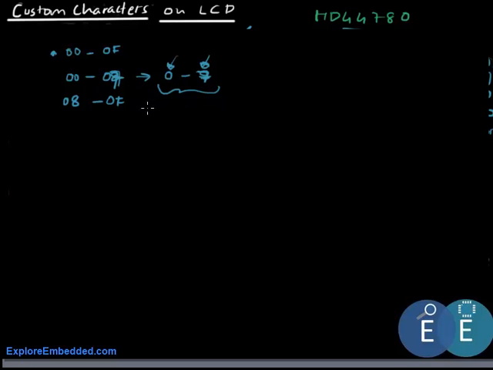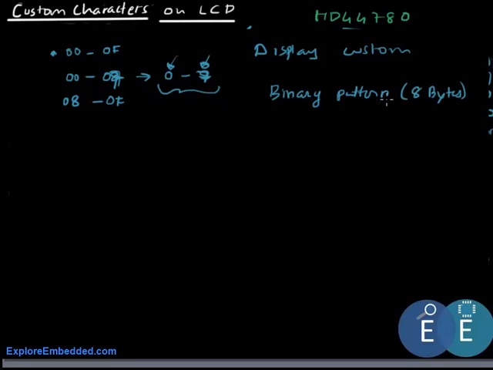To summarize, to display a custom character, first we need to make the binary pattern, which is 8 bytes, and then store it in CGRAM.